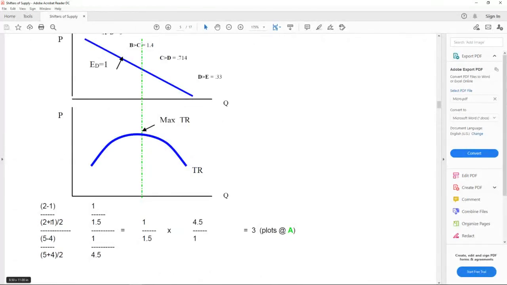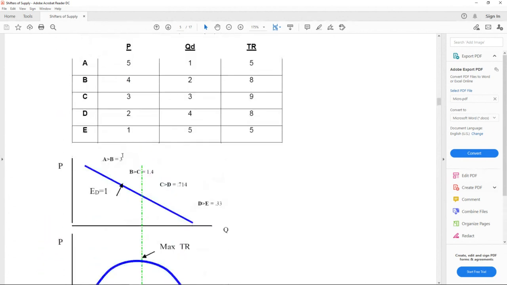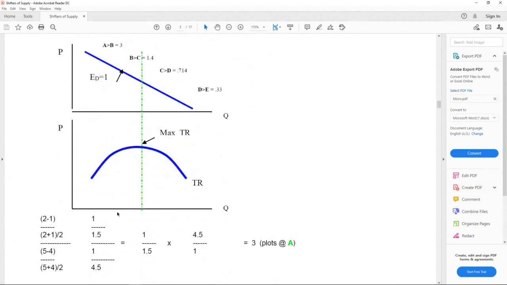And then this is called the midpoint formula. We need to add the 2 together and divide by 2 because we want to know the average. So all we're going to do is 2 plus 1 equals 3, divided by 2 is 1.5. That's what we see here in the equation.